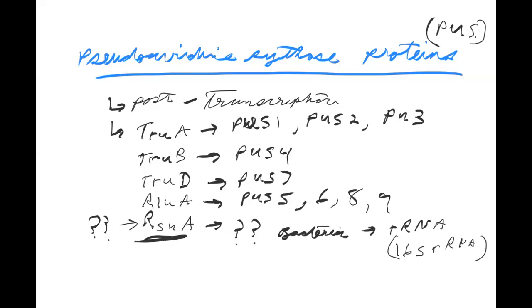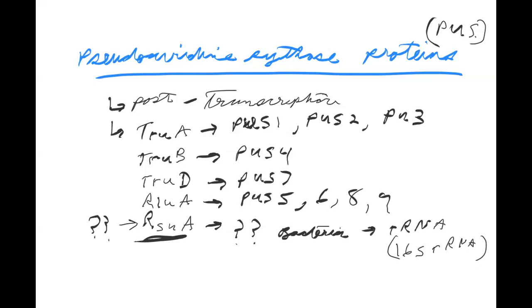And there are 5 different families: the TRUA, TRUB, TRUD, RLUA, and RSUA. For RSUA, there doesn't seem to be a lot of data. That seems to be tied to bacteria.